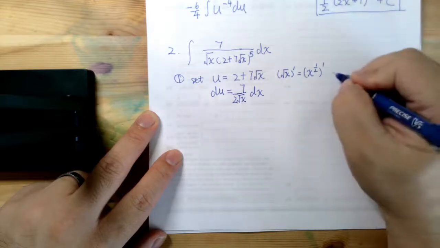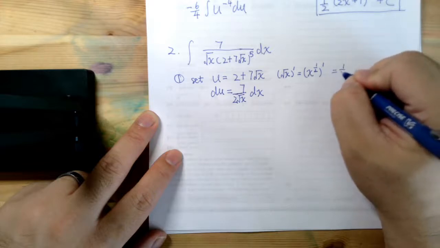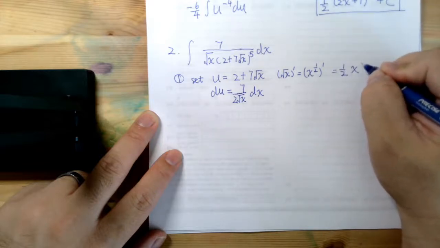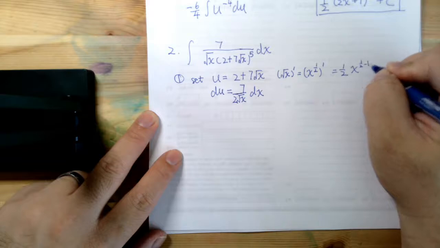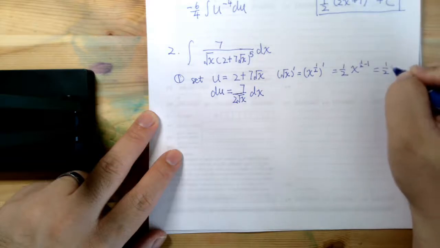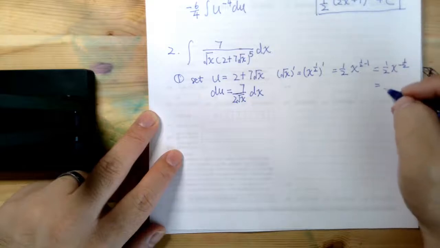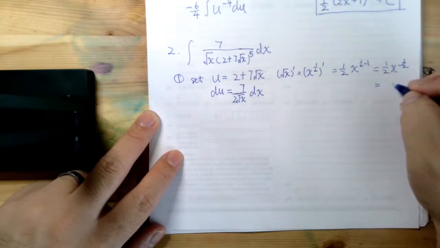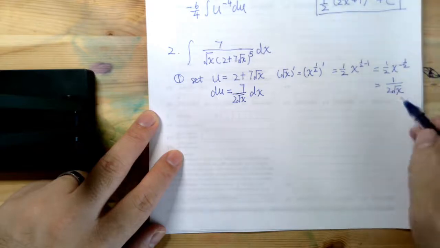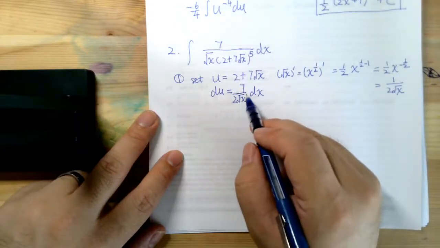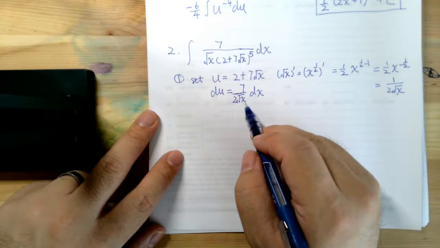Using the power rule, half times x to the power of half minus 1, which is half times x to the power of negative half. If we put this in radical form, it gives us 1 over 2 square root of x. Okay, so that's where this is from. So we get du equals 7 over 2 square root of x dx.